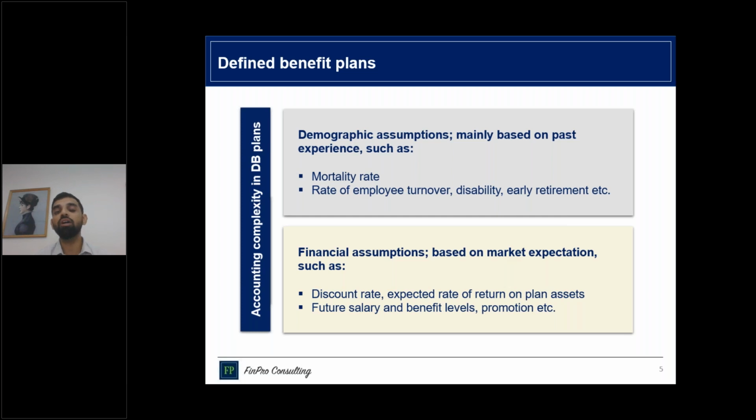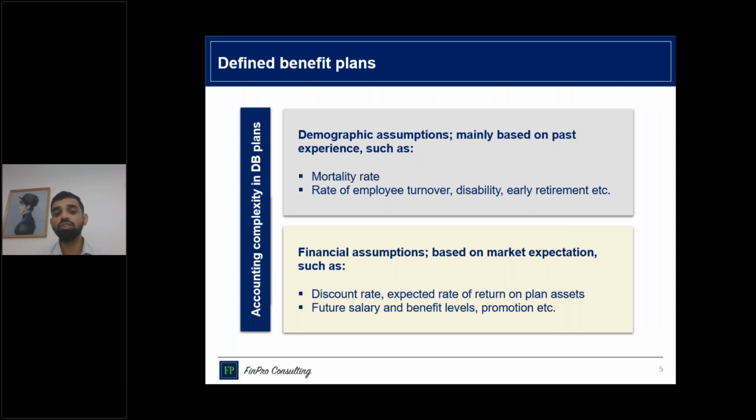So if you have a funded defined benefit plan, then again you need to estimate what could be the approximate return that you'll be achieving on these funds which are invested with an insurer, LIC or any other company. That is again an assumption.